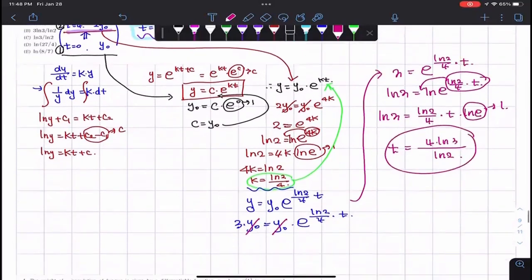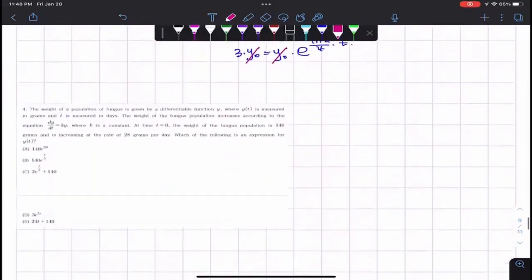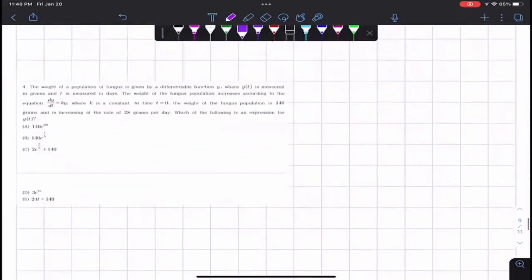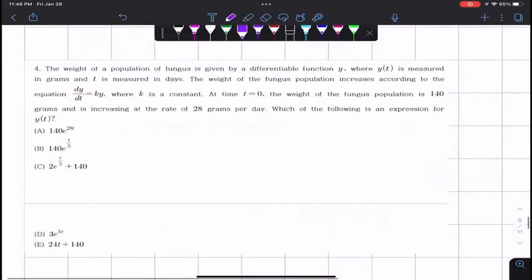Look at problem number 4. The rate of growth of a fungus population is given by a differential equation, where y(t) is measured in grams and t is measured in days.